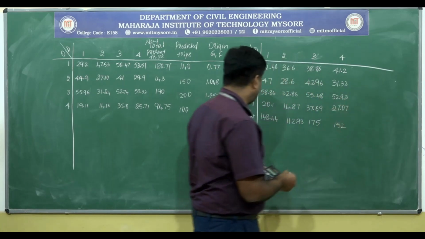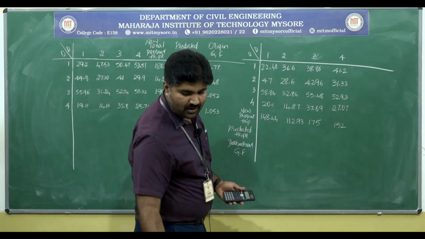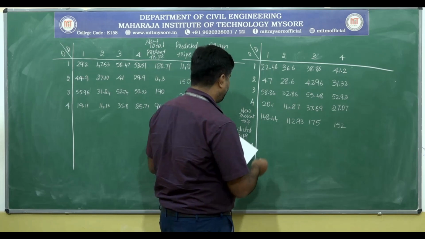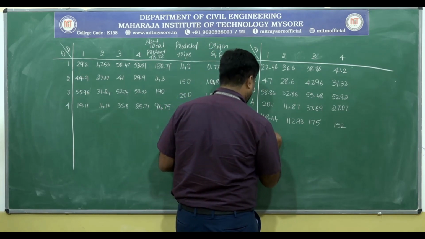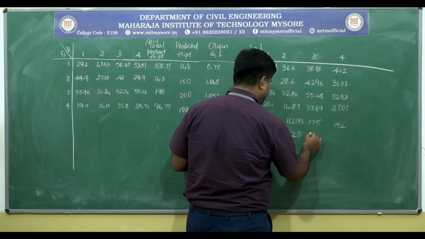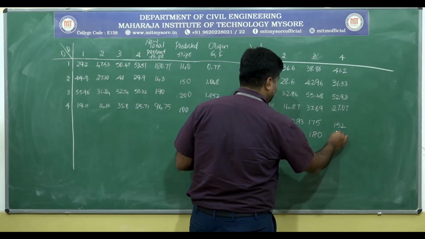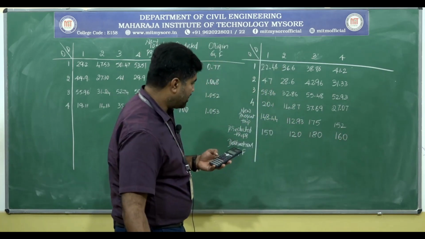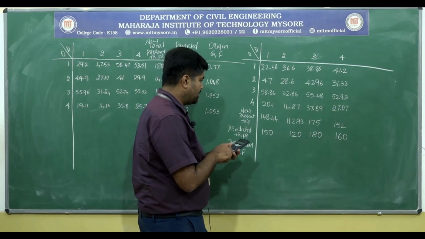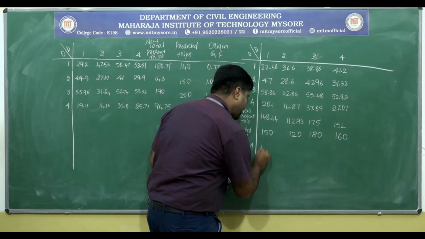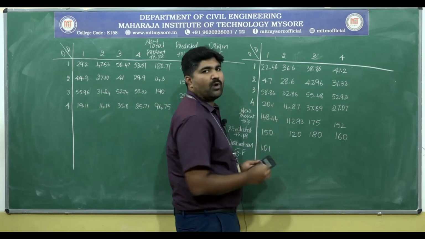Now enter the predicted trips. We know the predicted values, that is 150, 120, 180, 160. Now calculate the origin growth factor. 150 divided by 148.44, you will get 1.01.